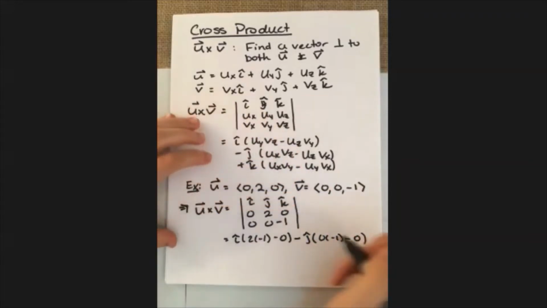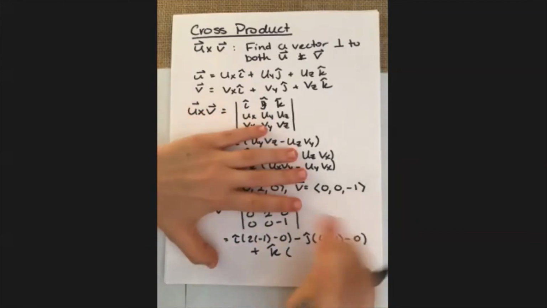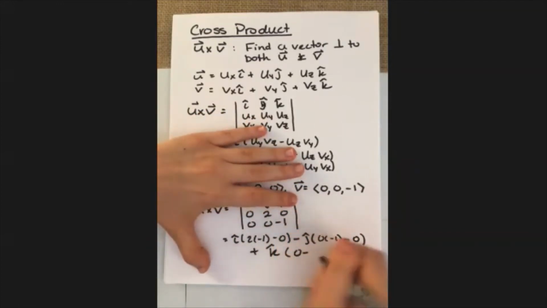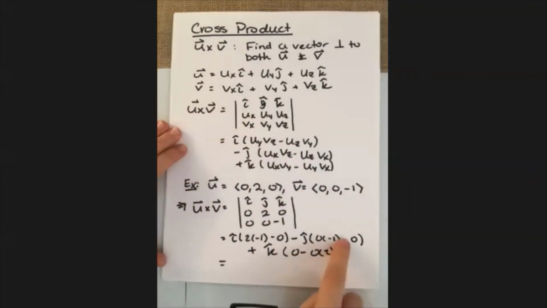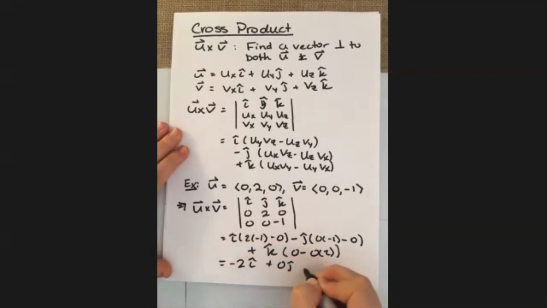That's just going to wind up being 0. And then plus k hat times the determinant of what's left over when we ignore that row and column. So 0 minus 0 times 2. Both of these just wind up being zeros. So we're just left with negative 2 i hat plus 0 j hat plus 0 k hat.